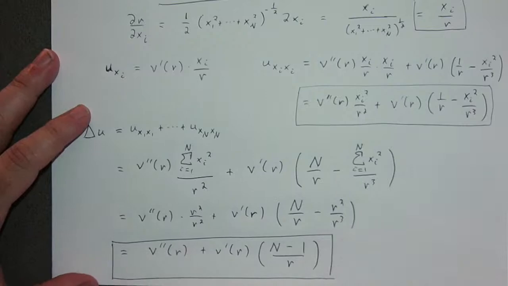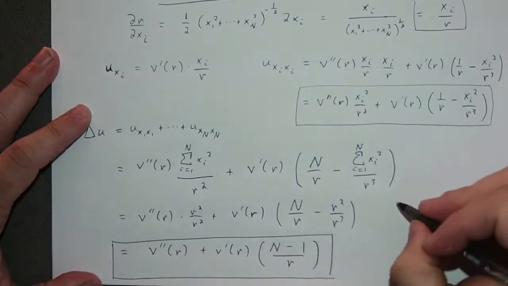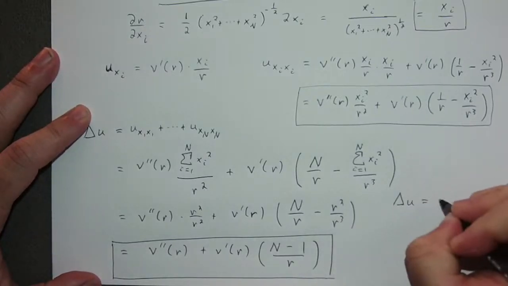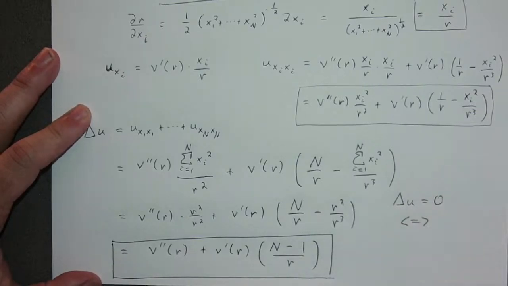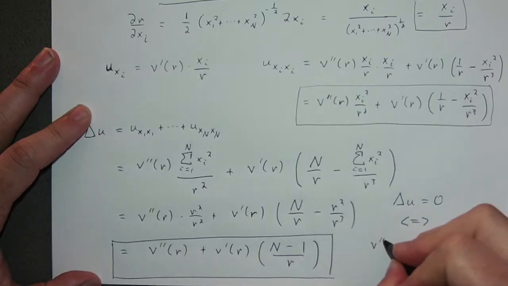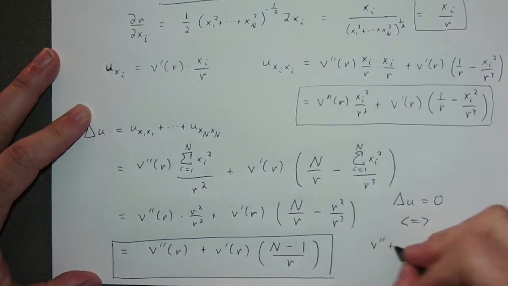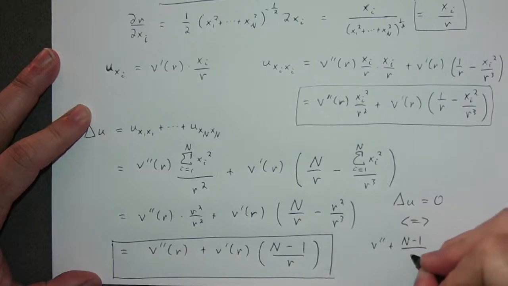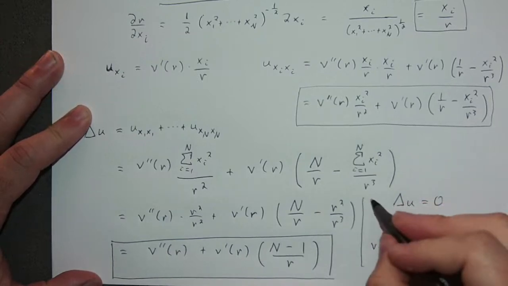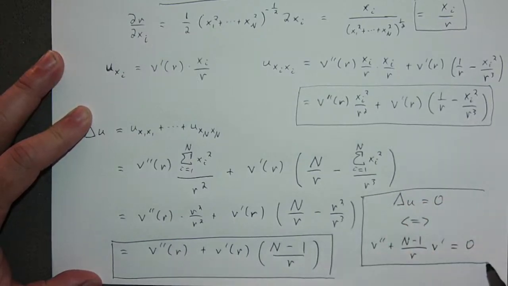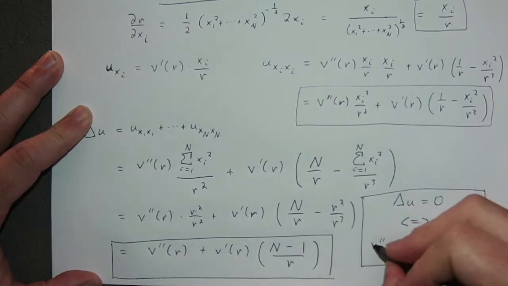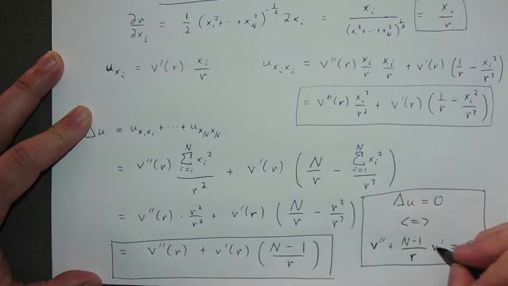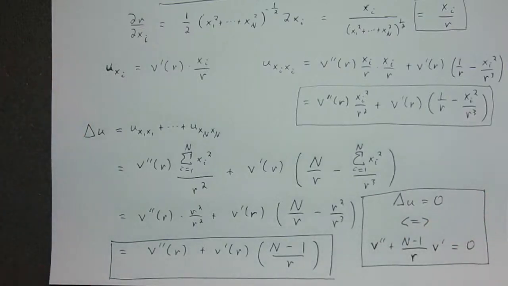We have shown that the Laplacian of u is equal to 0 if and only if this ODE is satisfied: v double prime plus n minus 1 over r times v prime is equal to 0. That is what we've shown.